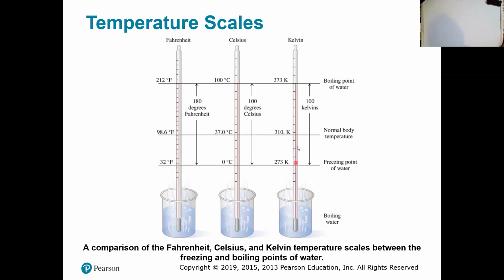So now when we boil water and we measure the boiling point of water on the Kelvin scale, it's 373 Kelvin. The difference between 373 Kelvin and 273 Kelvin is 100 Kelvin. The difference between where water boils and water freezes on the Celsius scale is 100 degrees Celsius. So because the difference in the units is the same for the Celsius and the Kelvin scale, that's how we know that the size of a Kelvin degree and a Celsius degree is the same. Okay.